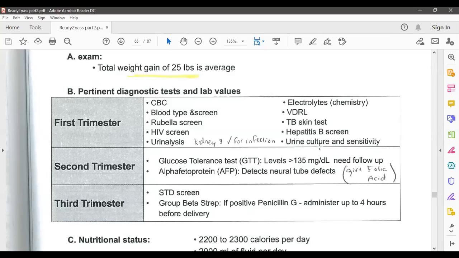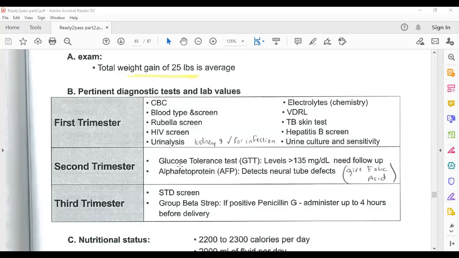If the mother needs any kind of antibiotics during this time, we have to be prepared, right? And also in the second trimester, we have to do the glucose tolerance test, shortly called GTT.